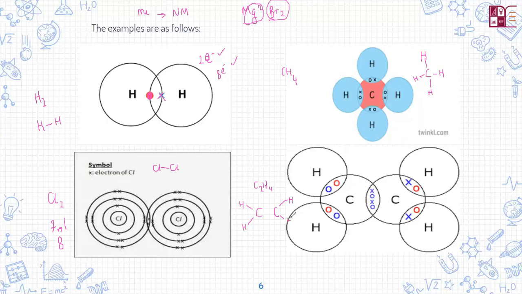So it's going to form a double covalent bond with the next carbon atom. This will be sharing 4 electrons: 2 from this side and 2 from this side, right? So this is 1, 2, 3, and 4. Now this carbon atom has received 4 electrons, and this carbon atom has also received 4 electrons by sharing their electrons in between.